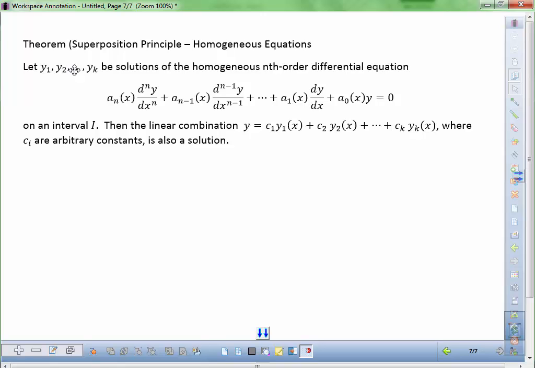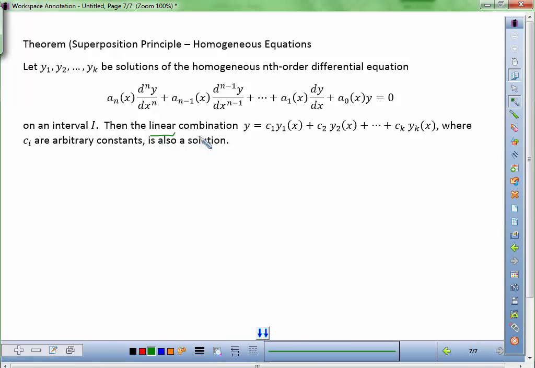The superposition principle says that if you know that you have these solutions, y1, y2, et cetera, yk for a differential equation, then any linear combination of those solutions is also going to be a solution. Does that make sense?